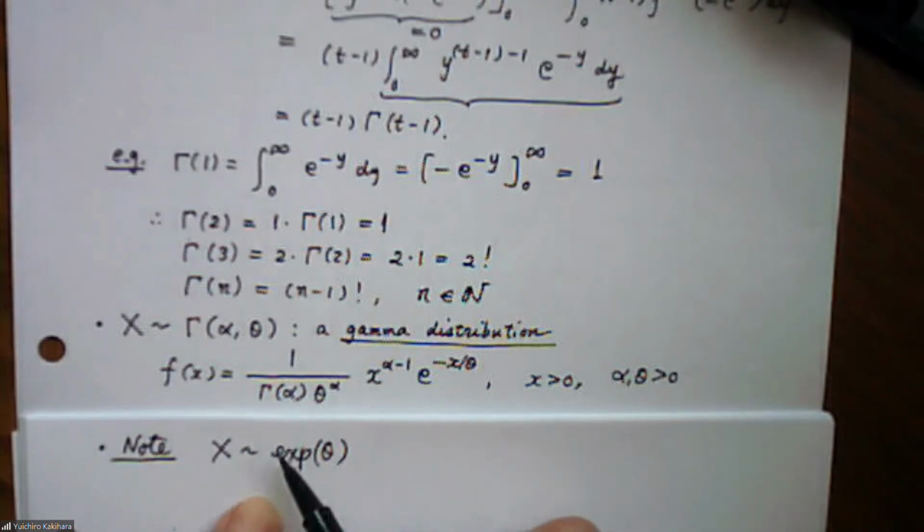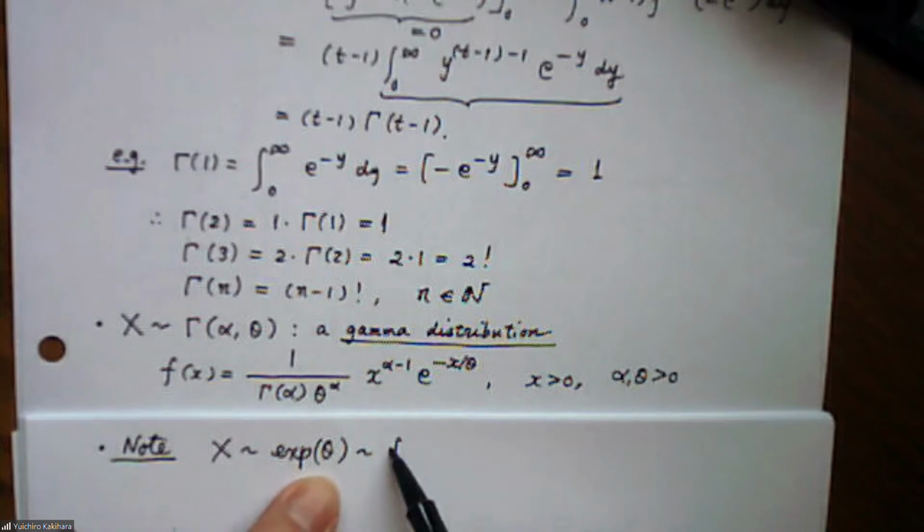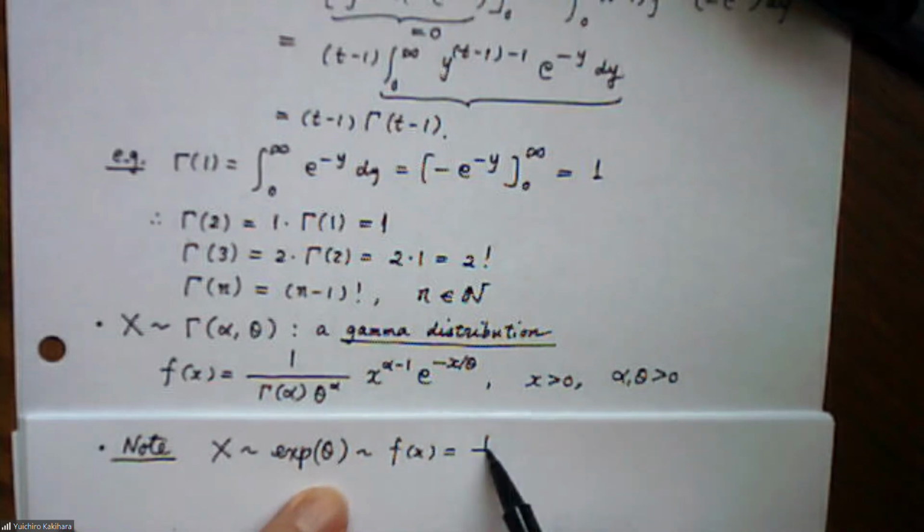In this case, do you remember the density function? I don't remember. Do you remember? It is 1 over theta times e to the minus x over theta. Remember this? x is positive.